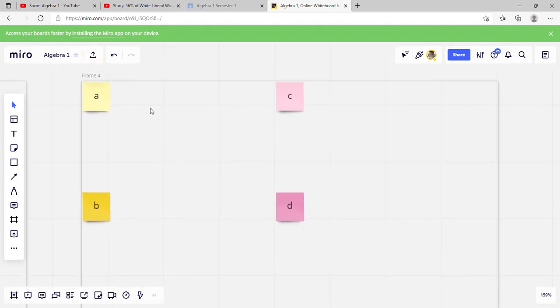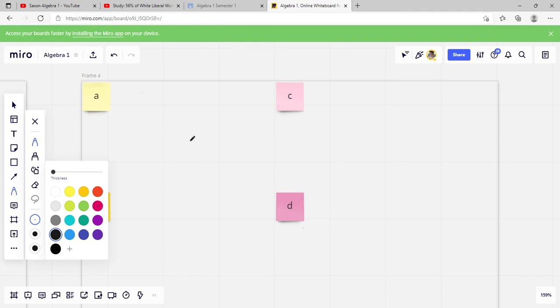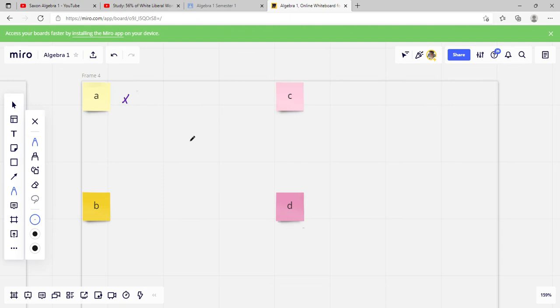All right, so we're going to start with A. It says, simplify, write the answers with all the variables in the numerator.